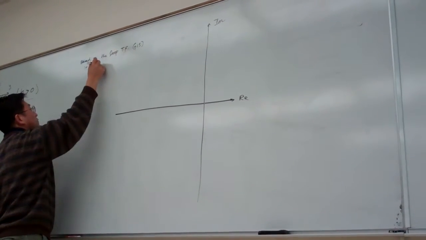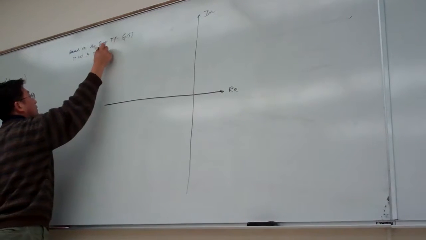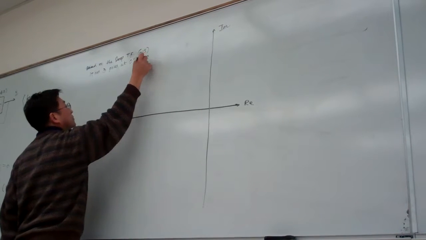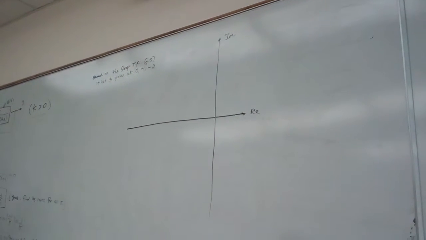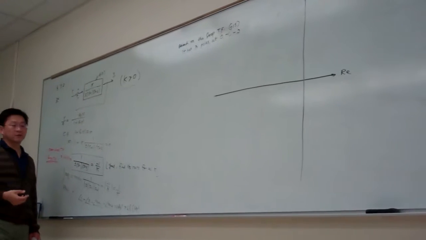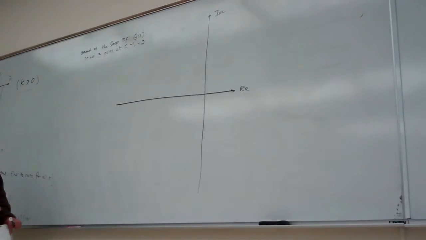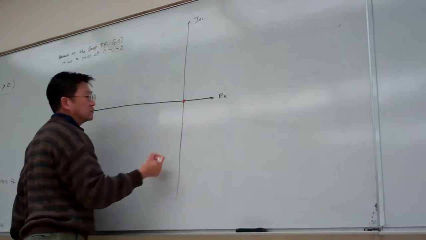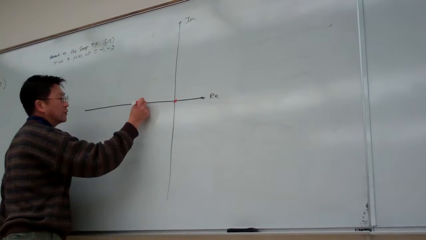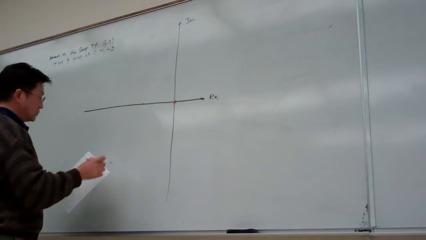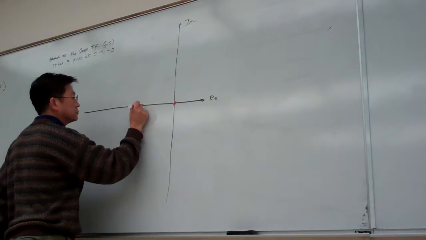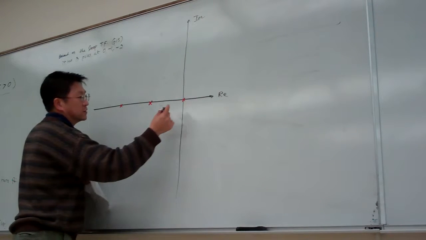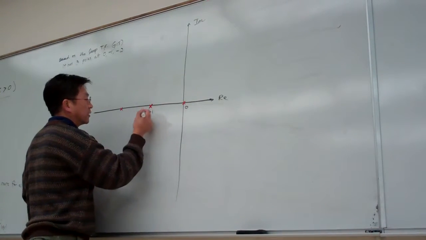It has 3 poles at 0, -1, and -2. That is specific information inherited from the problem. So we label whatever we are given. Here we use the cross mark to indicate the locations of the 3 poles. So this is 0, this is -1, this is -2.